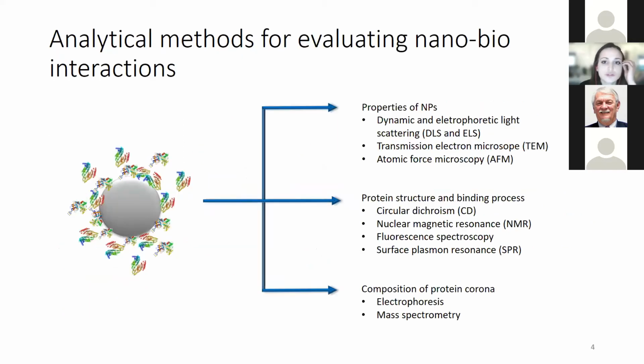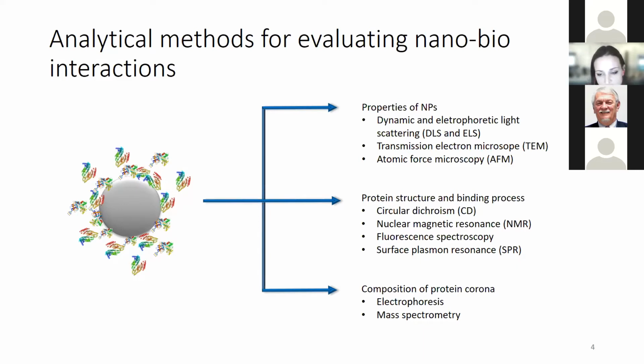So methods that are used for evaluation can basically be categorized in three groups. The first group are the methods used for identifying the changes in physical chemical properties of nanoparticles, like dynamic and electrophoretic light scattering and transmission electron microscopy, which are used for determining the changes in shape, size distribution, or zeta potential, whereas atomic force microscopy is used for determining changes in the surface structure.